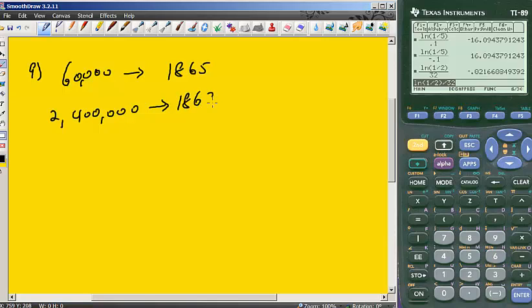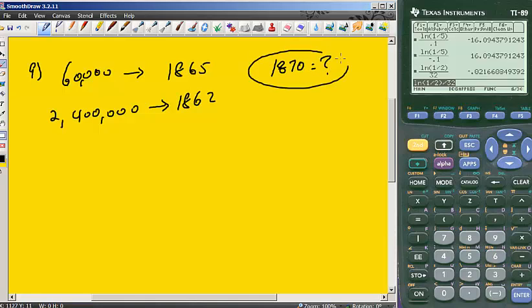So in 2 years it went from 60,000 to 2,400,000. Assuming the rabbits grow exponentially, how many rabbits would you expect in 1870? So we want to find out how many rabbits there are in 1870.